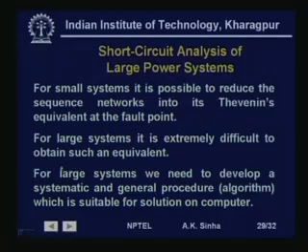For large systems, therefore, we need to develop a systematic and general procedure, that is, an algorithm suitable for solution on a computer. We will see how we do it in detail in the next class.